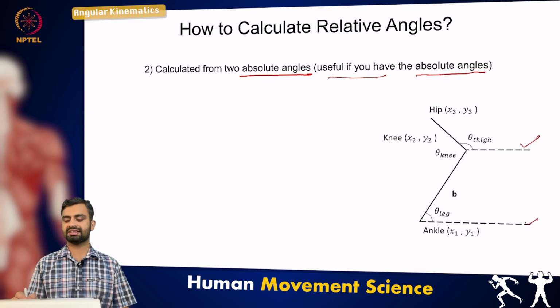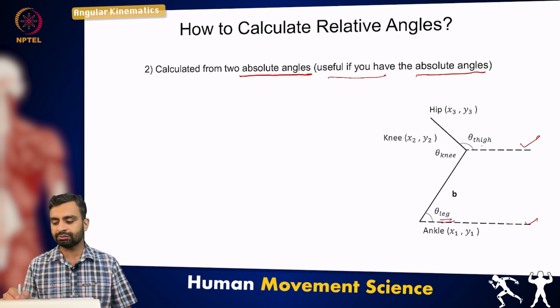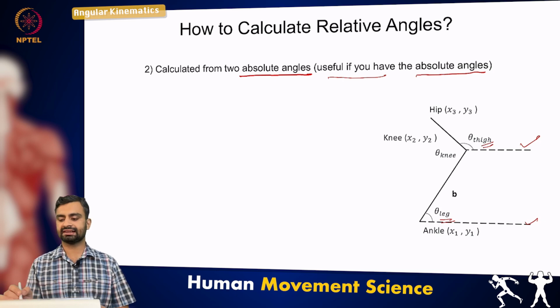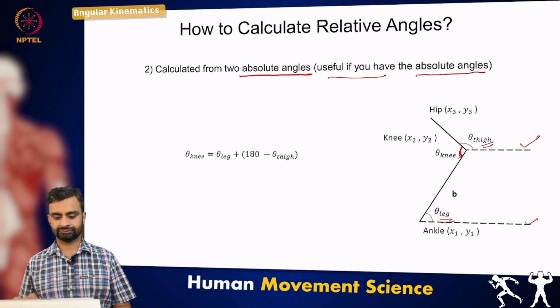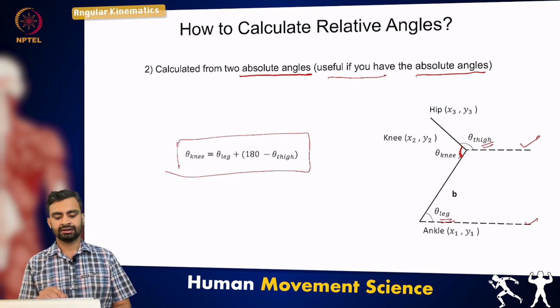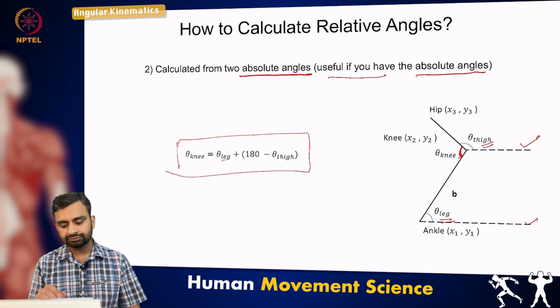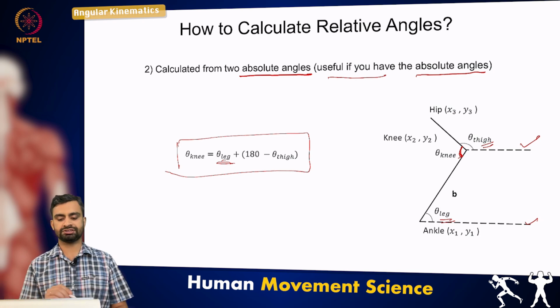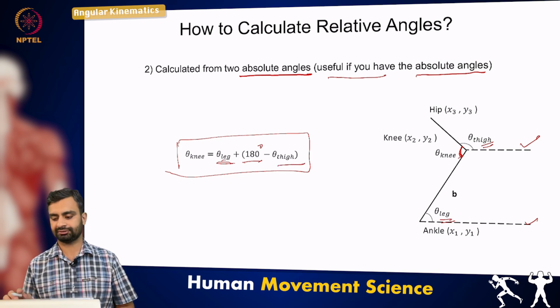What you do first is calculate the angle between the leg and the horizontal axis, similarly the angle between the thigh and the horizontal axis, and then using this information we can calculate the relative angle or the knee angle. It is given by this equation, where knee angle is nothing but the angle subtended by the leg segment with the horizontal, to which we add 180 degrees and then subtract the thigh angle from it.